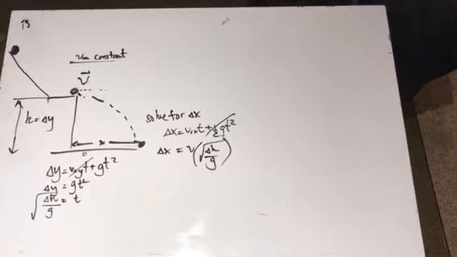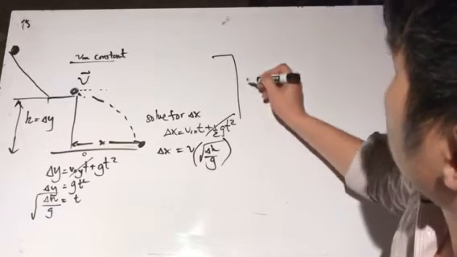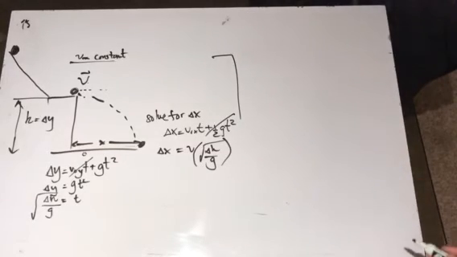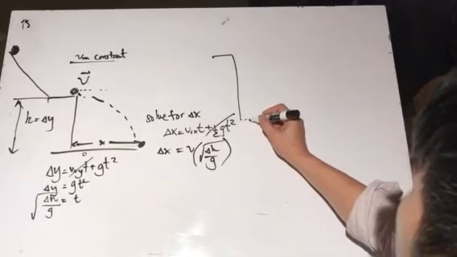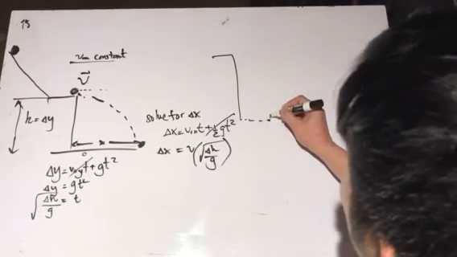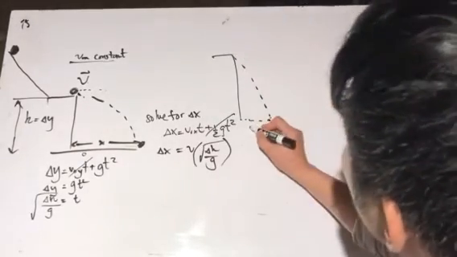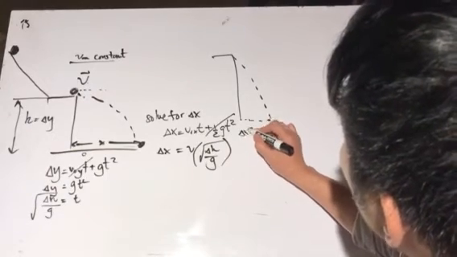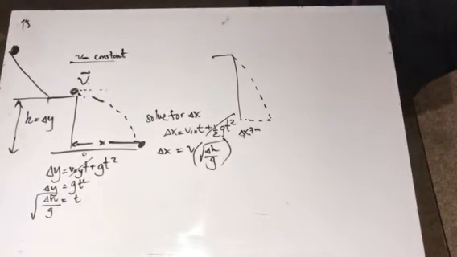So let's look back at question number 17, which is very similar to this one. In 17, from where it drops to where it lands is about 3 meters. So that's your delta x equal to 3 meters.